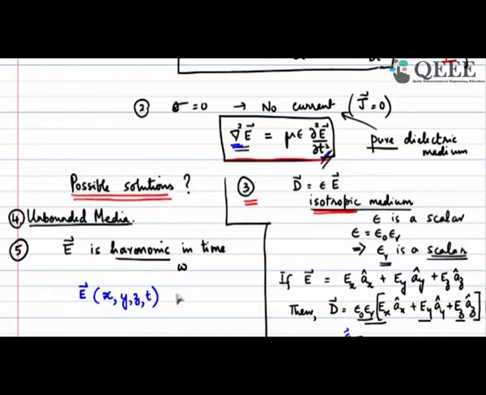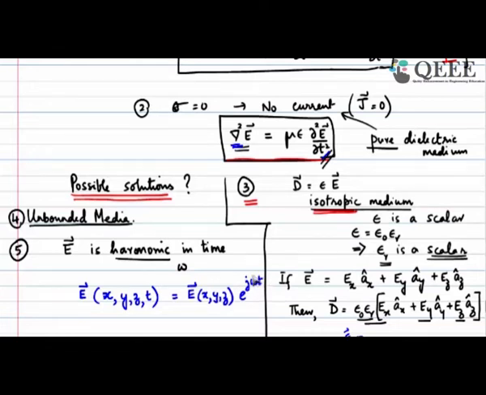By saying it's harmonic, what we are saying is that this is a vector now, x, y, z, changing as a function of position. Yesterday I drew some examples of vectors changing as a function of position. But when I say harmonic, what it means is that the time variation is given this way.